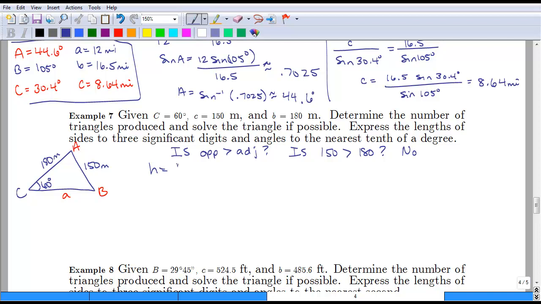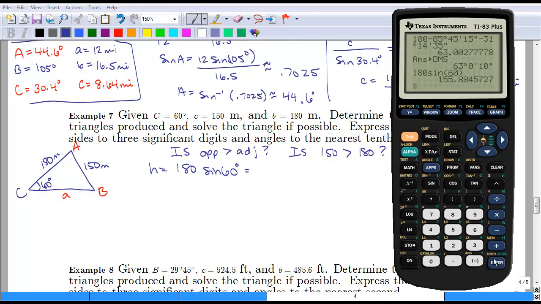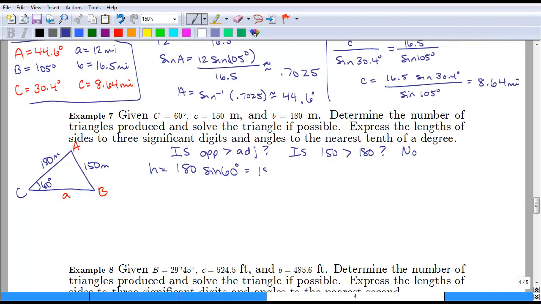H is going to be the adjacent side, 180 times the sine of 60 degrees. And this comes out to be 155.9 meters. And so now we ask ourselves, is the opposite side 150 greater than our h that we found, 155.9?